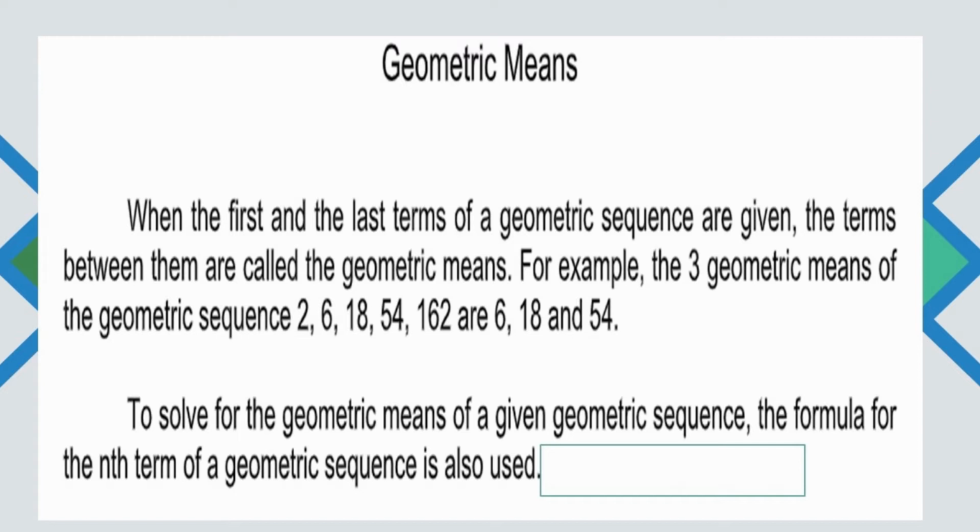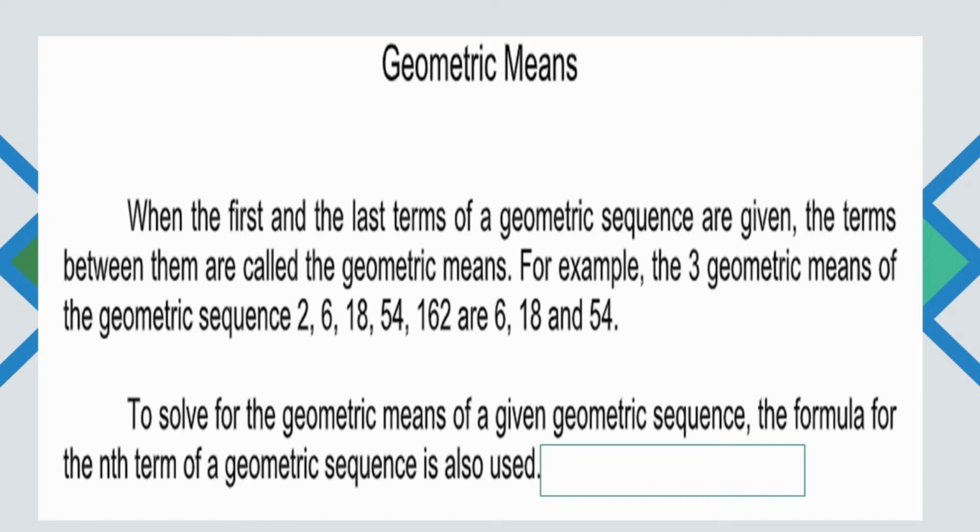The first and the last terms of a geometric sequence are given. The terms between them are called the geometric means. For example, the 3 geometric means of the geometric sequence 2, 6, 18, 54, 162 are 6, 18, and 54.